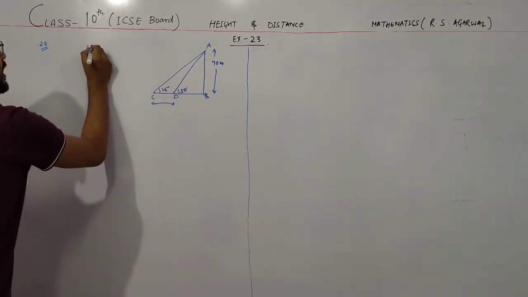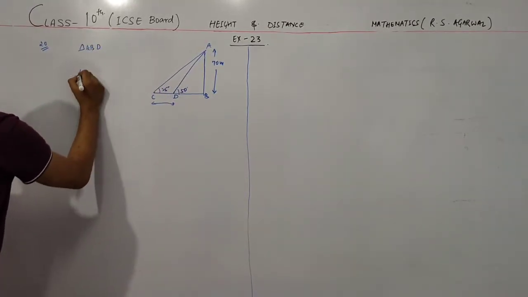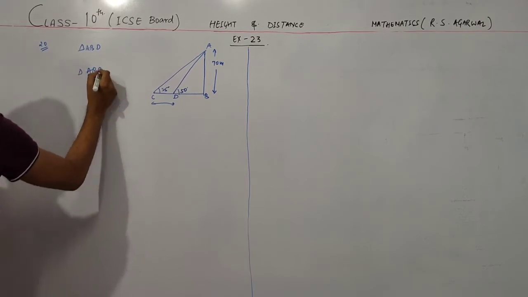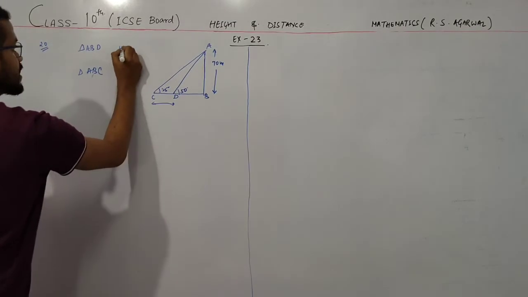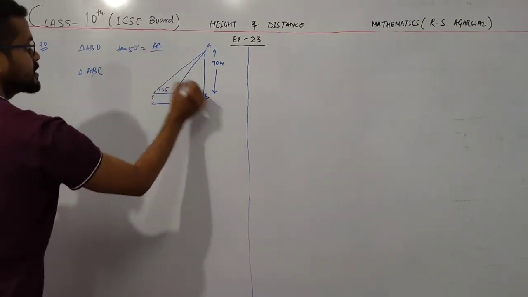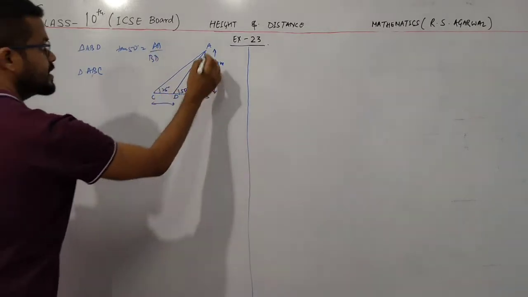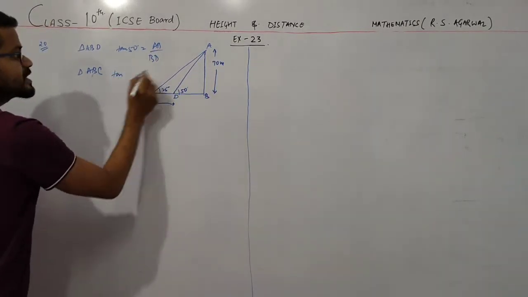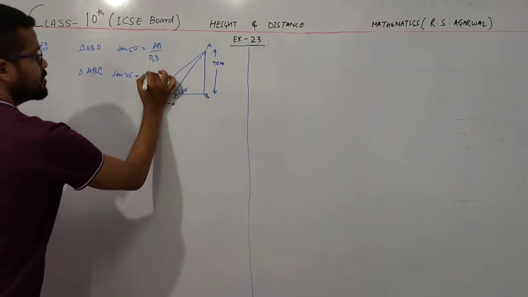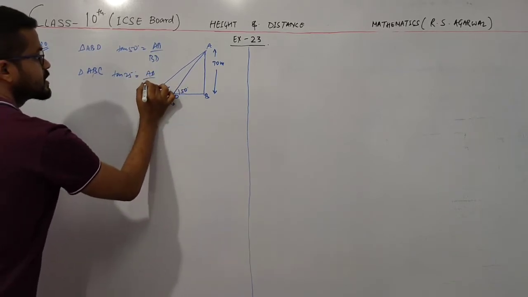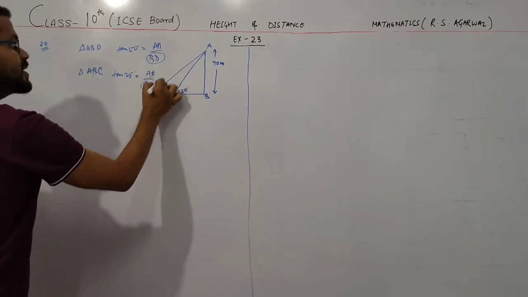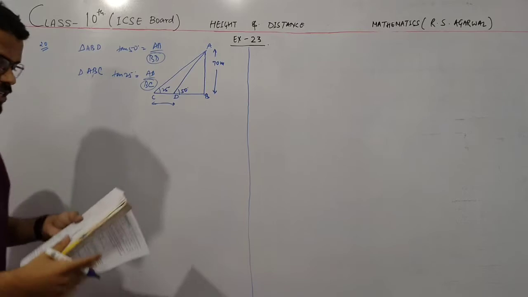One is ABD and the second one is ABC. Take tan 50 degree equals AB upon BD, and in the second triangle, write tan 25 degree equals AB upon BC. Okay, by getting the values of BD and BC, simply subtract them.